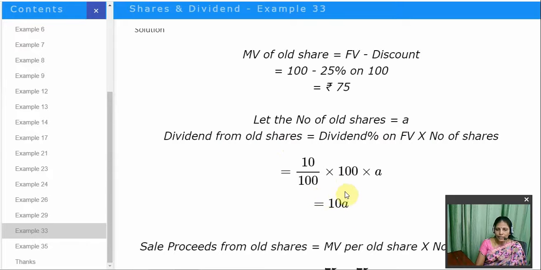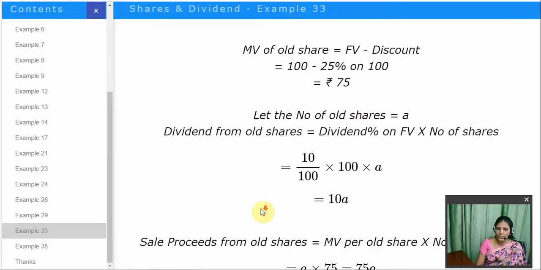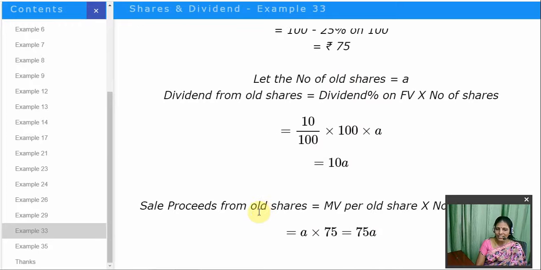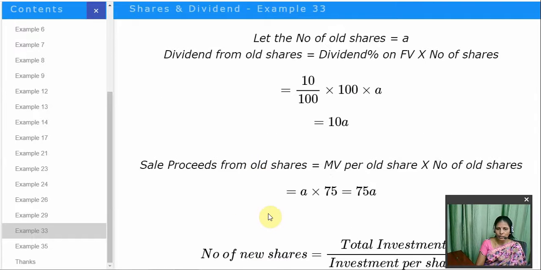This is his income from the old shares. And next we need to find out the sale proceeds from the old shares.